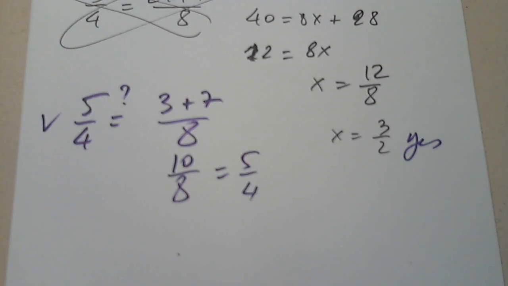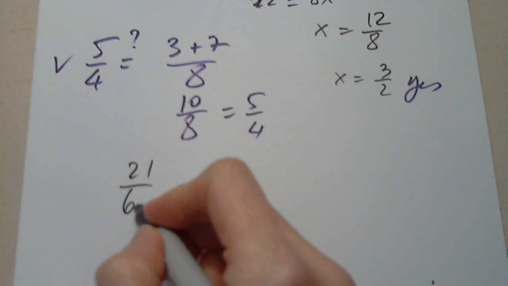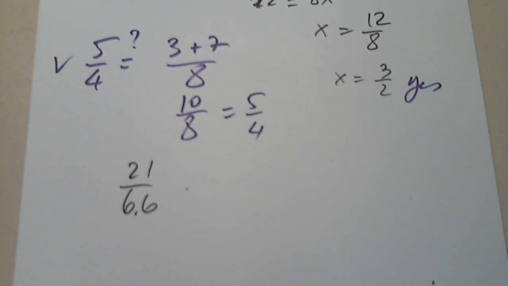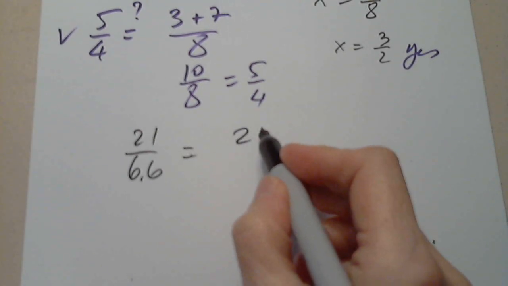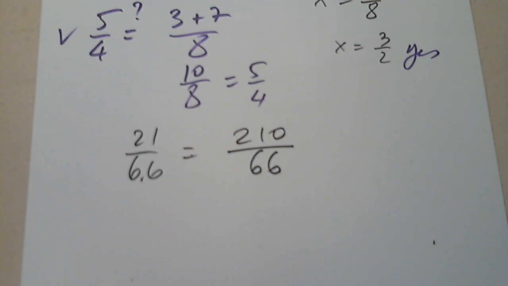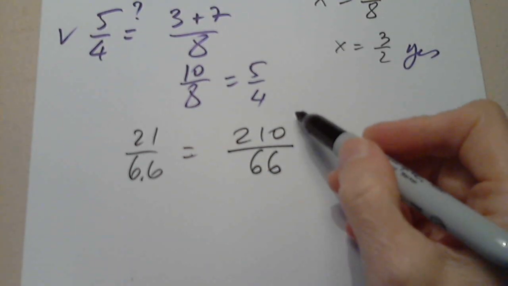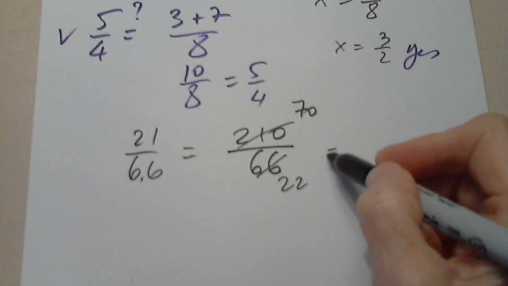Simplify the ratio by writing the fraction in lowest terms. 21 over 6.6. Remember, we cannot have decimal numbers in a fraction, so it's 210 over 66. I will simplify by 3, so I have 70 over 22.